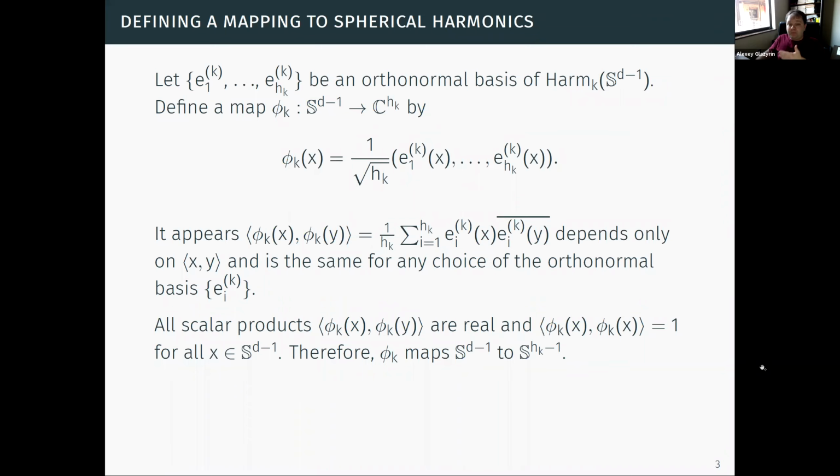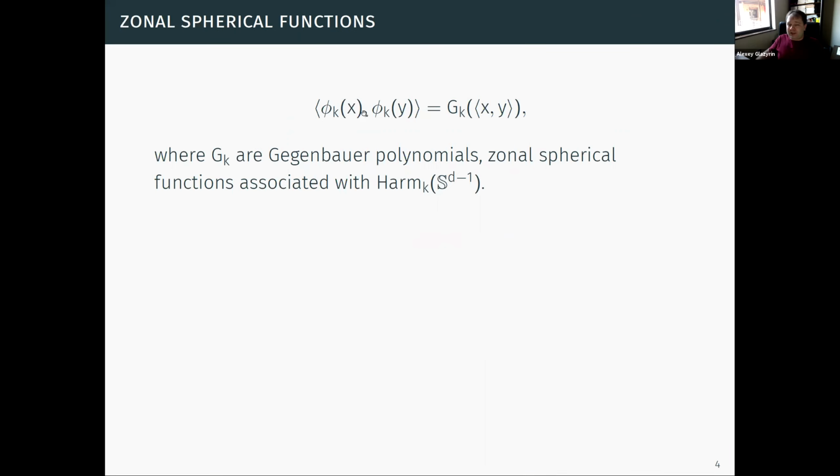Okay. So what is this product? We have already talked about the product as it doesn't depend on particular points, just depends on the scalar product between them. So it's in fact equal to the value of the Gegenbauer polynomial, which are zonal spherical functions associated with this harmonic space. So what are these polynomials? Let me define them.